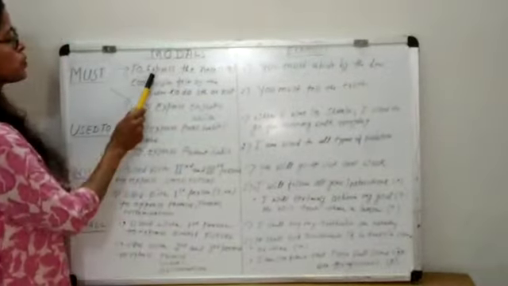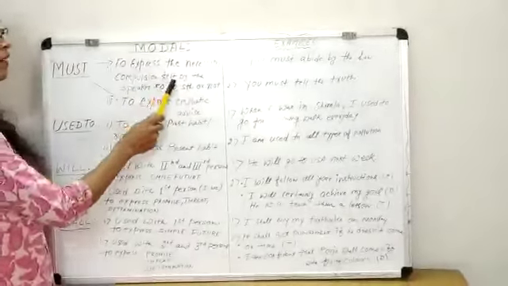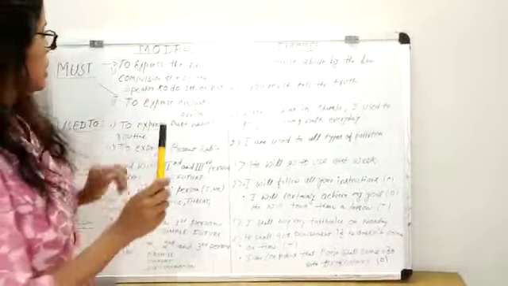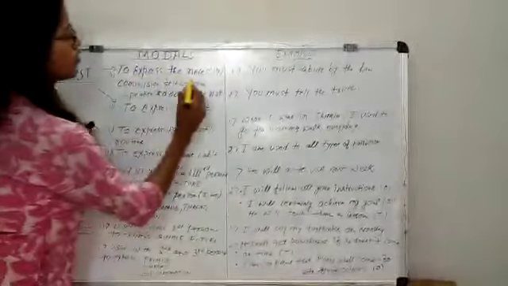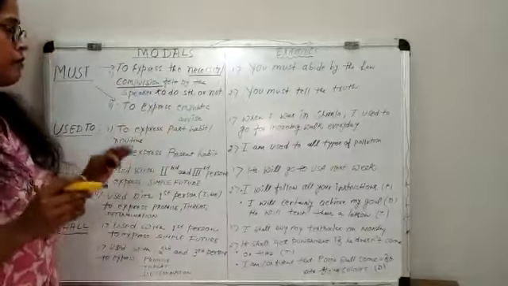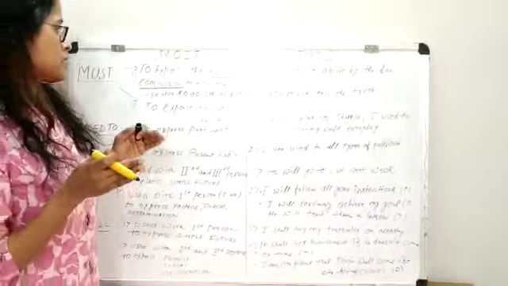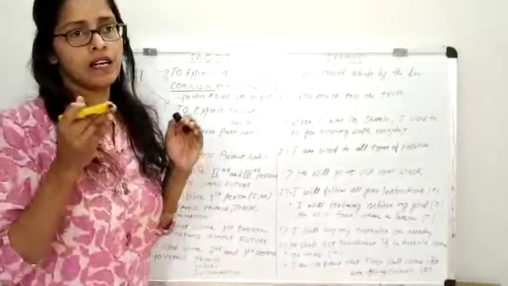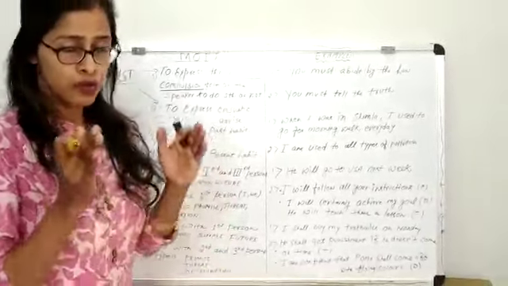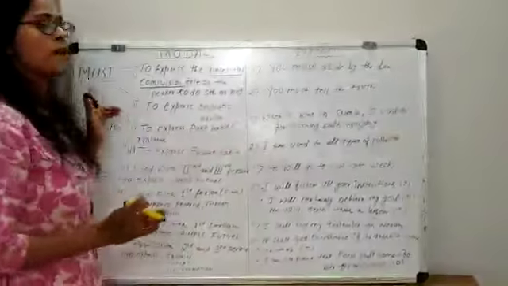Must is used to express the necessity or compulsion felt by the speaker. Fine. So here the emphasis is on necessity or compulsion. It means if the speaker feels that it is important or very urgent, it is essential to do something, that particular speaker uses the modal verb must.